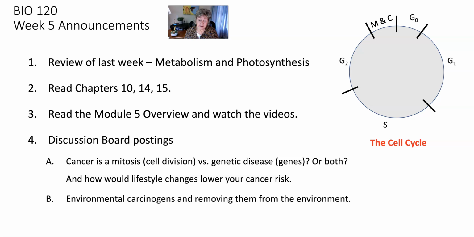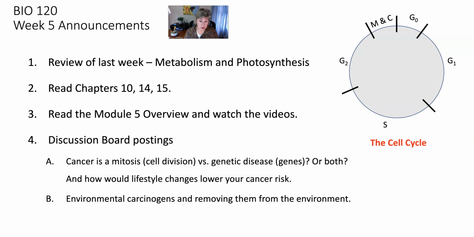Okay, so take a look at the cell cycle that I've drawn over here to the right of your screen, and you will see some letters. This is the life cycle of a cell, and you start at the uppermost point, like 12 o'clock. Then you see G1. What do the G's mean?